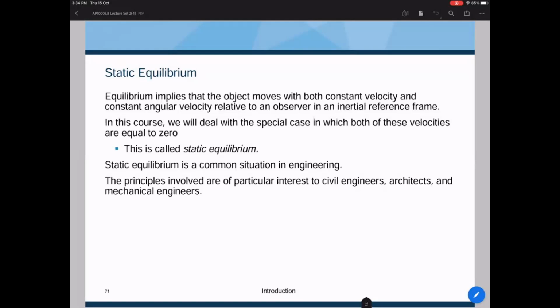A concept of the dynamic equilibrium is that you have the objects that are moving, but they are moving in opposite directions, so you have no net change in the situation. In particular, if all the velocities and angular velocities are equal to 0 and they are not changing, this is the situation we call the static equilibrium.